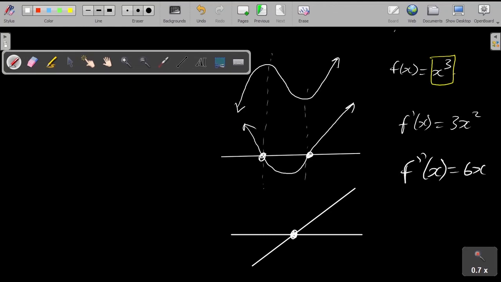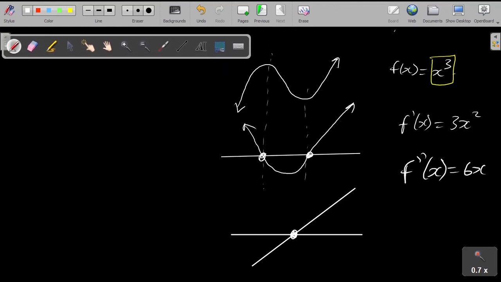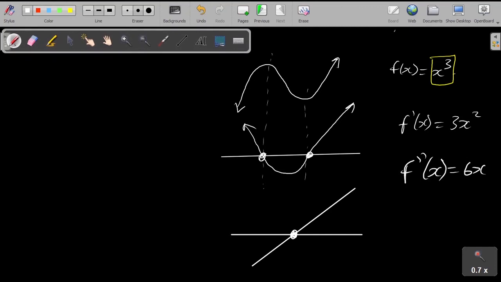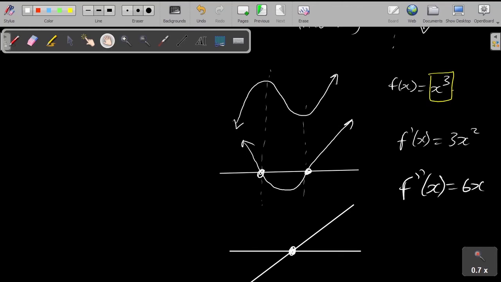Now let's relate this to all of the concepts that we've been talking about. Remember that when you do your second derivative test, if you find that you have a positive second derivative at a point, then you have a local maximum. We call it a local maximum because if you look at all the other points around it, this is the highest point.